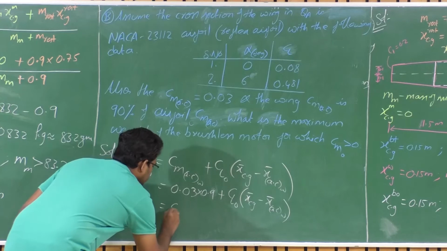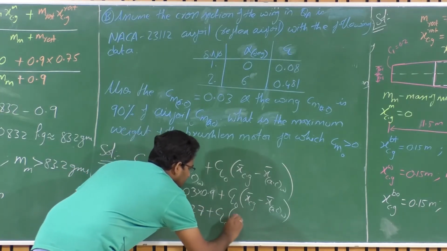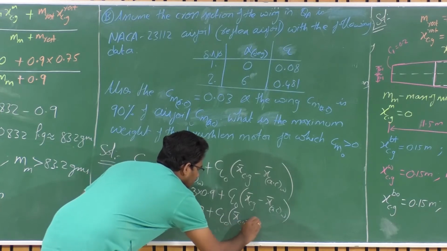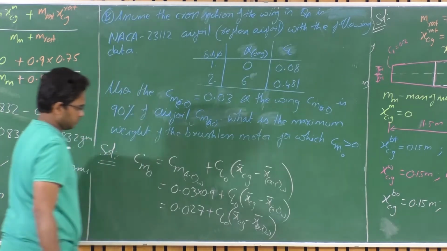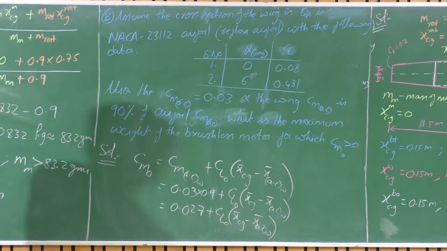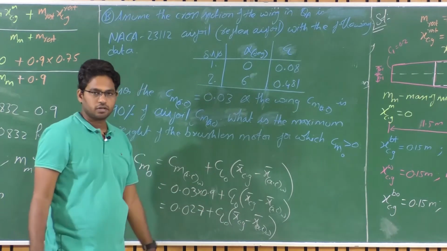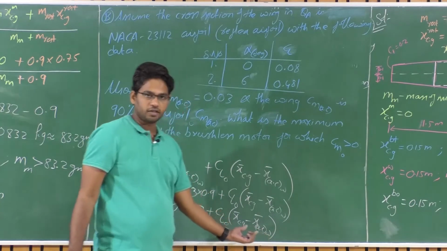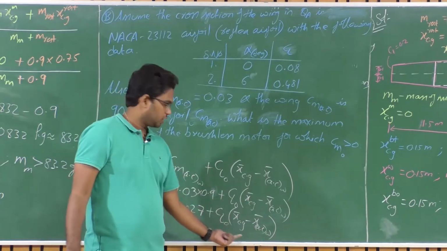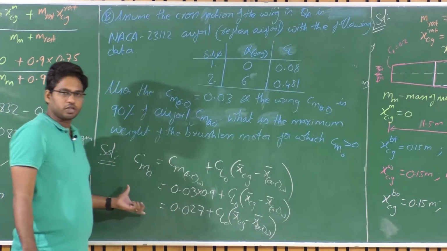So this is 0.027 plus CL naught times x bar CG minus x bar AC of the wing. Without adding the motor, we know the XCG is at 0.75 meters and the aerodynamic center is ahead of the CG, and we know this is positive, right? And Cm naught is positive.